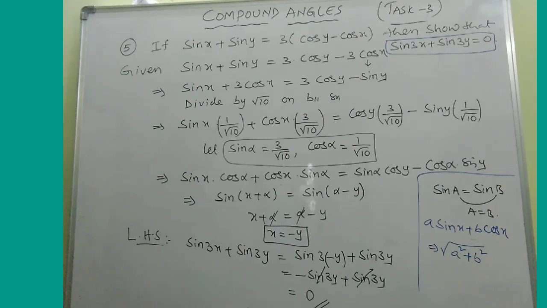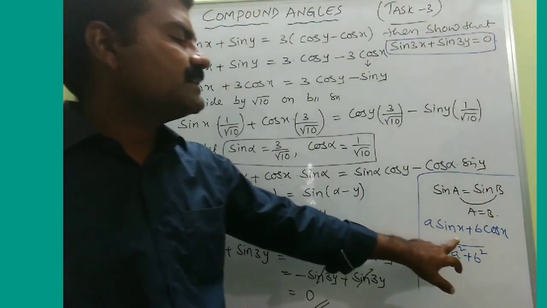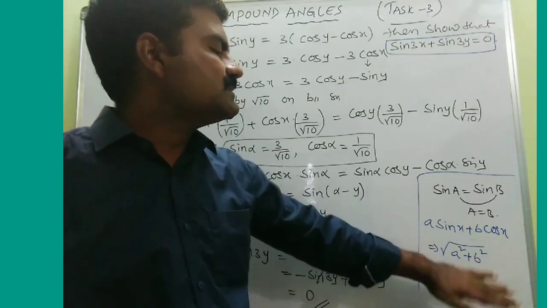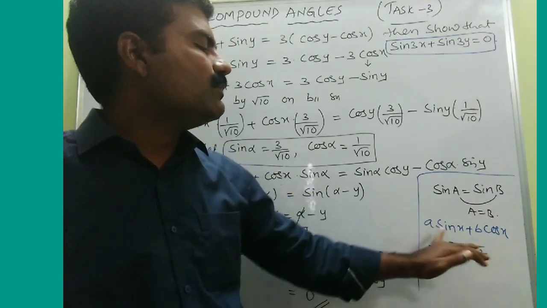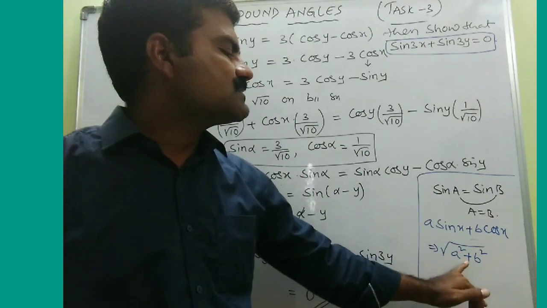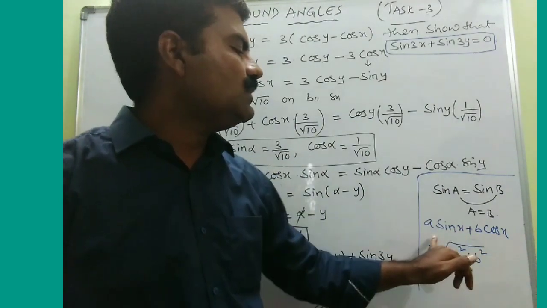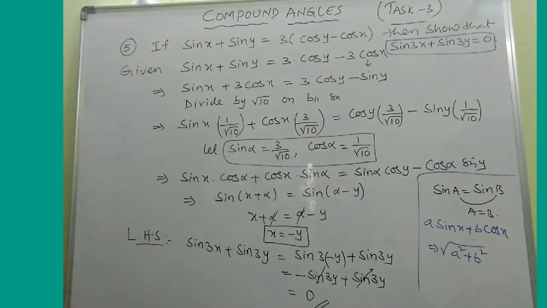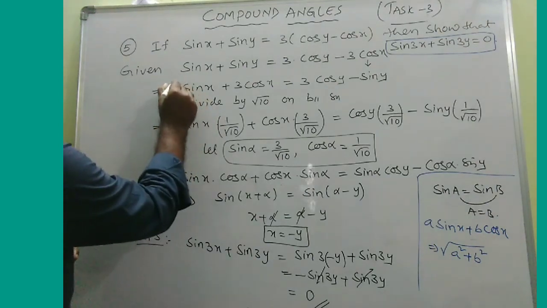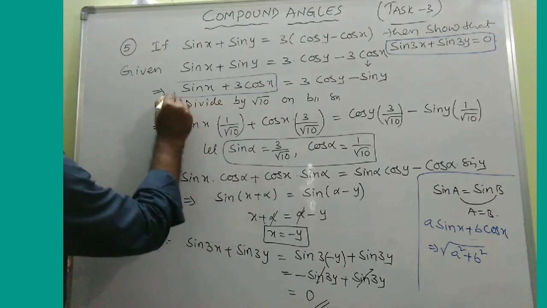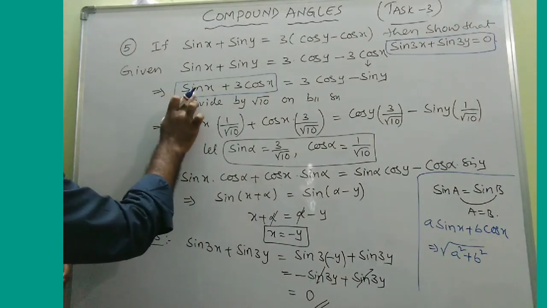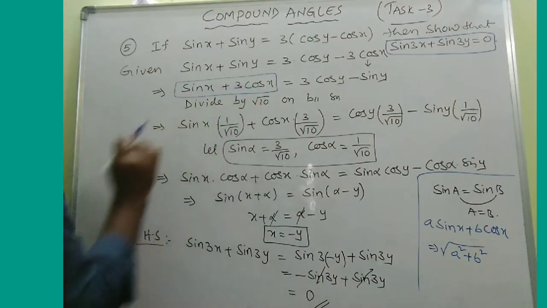So do you understand? When the function is in the form of a sin x plus b cos x, let us divide by root of a square plus b square, nothing but the sum of the squares of the coefficients of sin and cos. Now if you compare this part, it is just like a sin x plus b cos x.